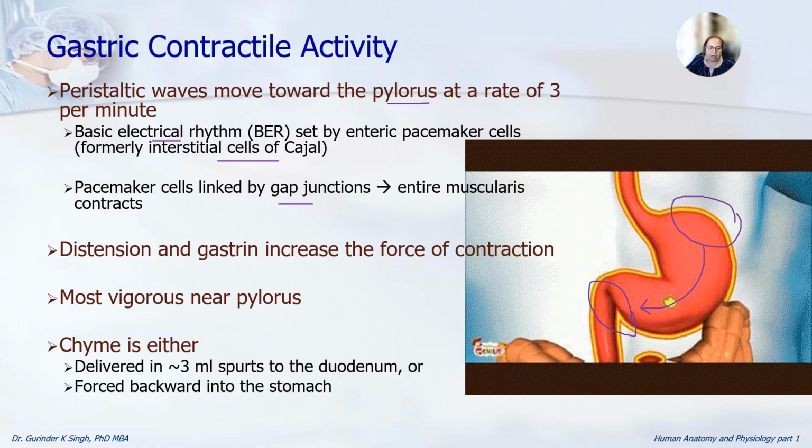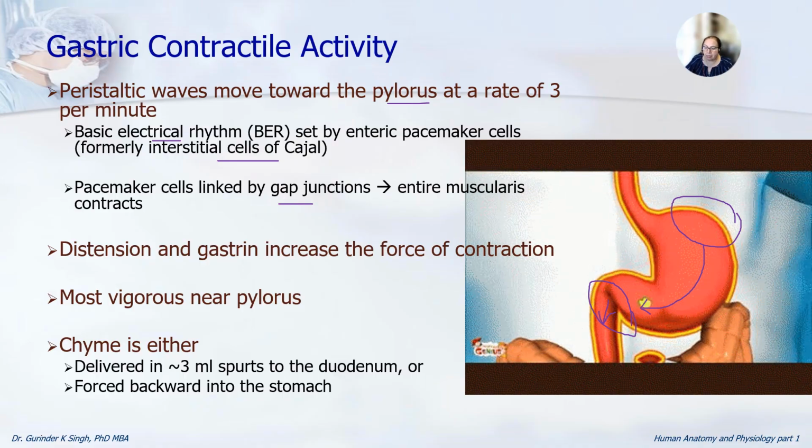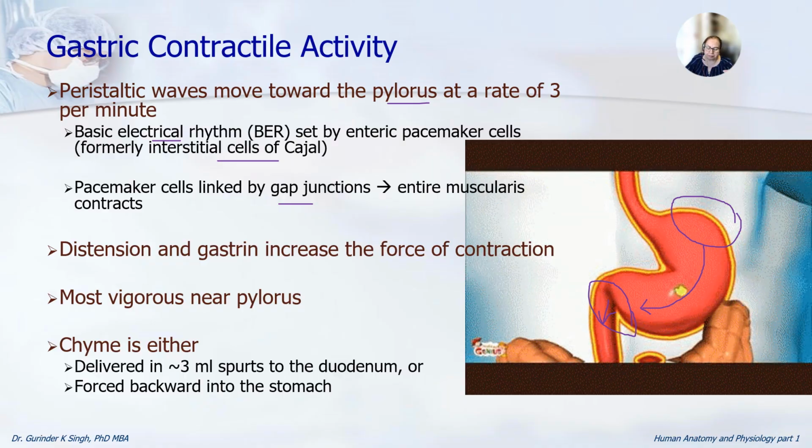Chyme is then delivered into the duodenum, typically around 3 ml per squirt. It's not like the whole stomach will empty, unless there are poisons or toxins in the system which can open up the sphincter. A tiny portion is moved forward, the rest goes around in circles, and that helps to mix it more with gastric juices.